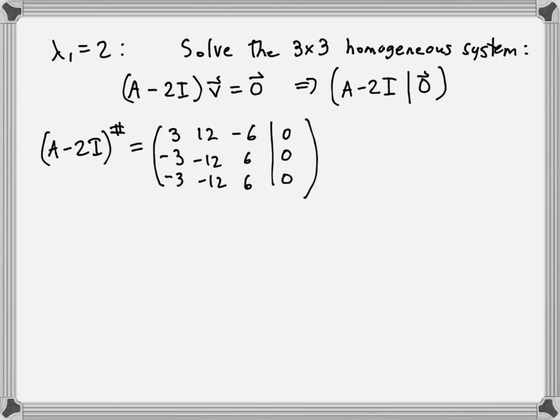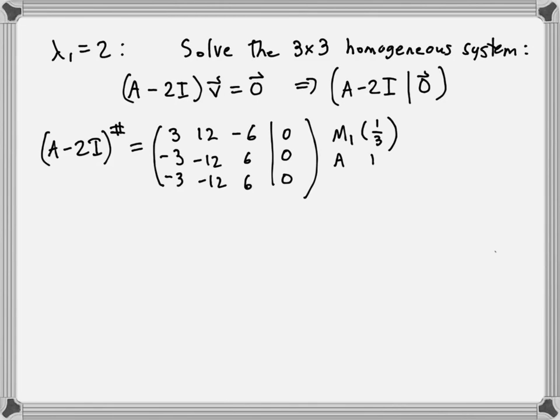How do we solve the following? Because remember, we're interested in the solution set here. So we're going to multiply row 1 by 1/3. And we're also going to add the first row to both of the other rows because we notice that they'll immediately go away.